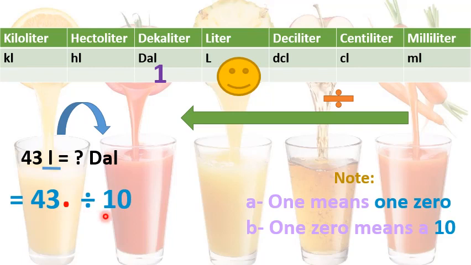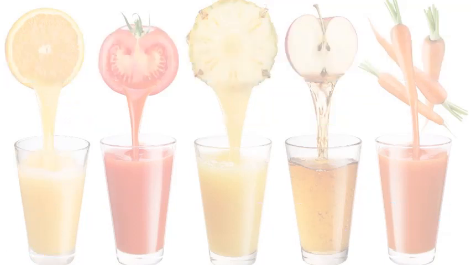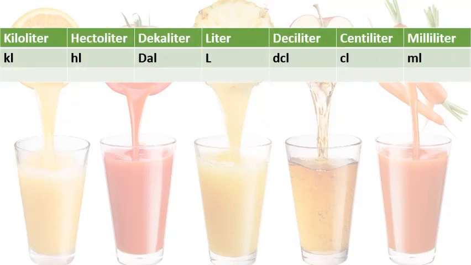How many places? 1 place, because we have 1 0. So let's move the decimal point 1 place. So the answer is going to be 4.3 decaliters.